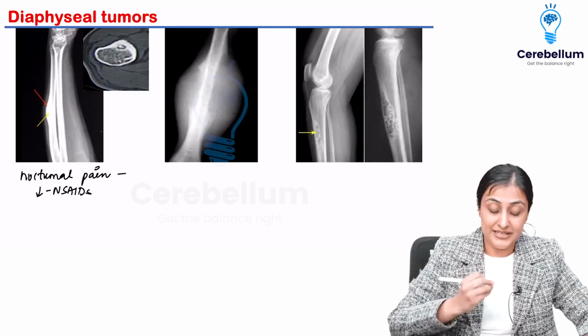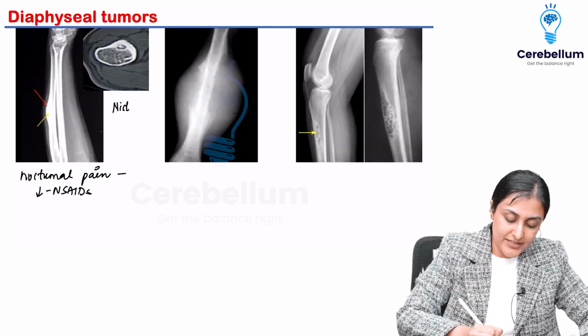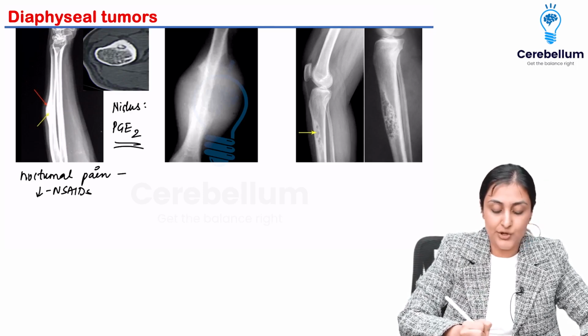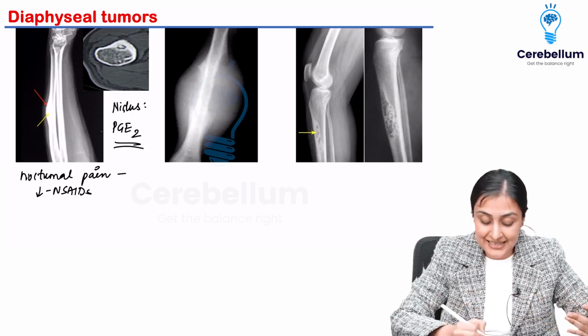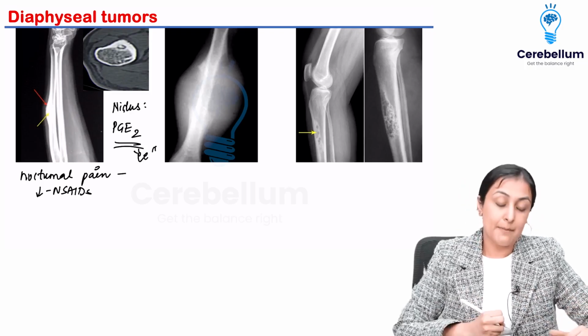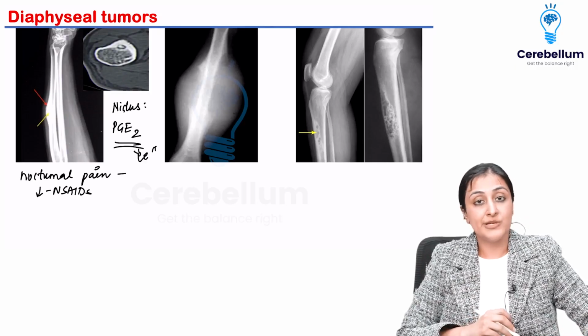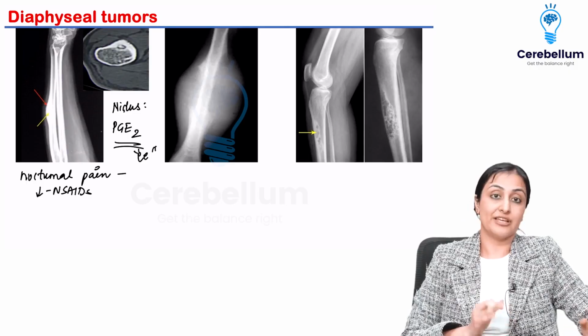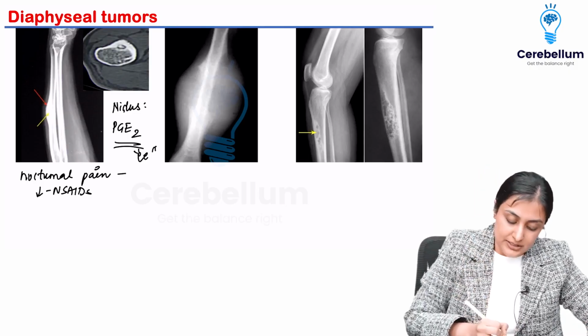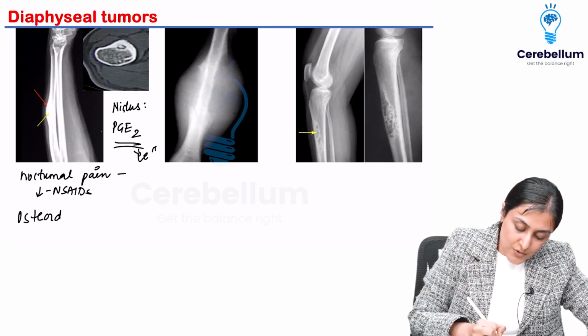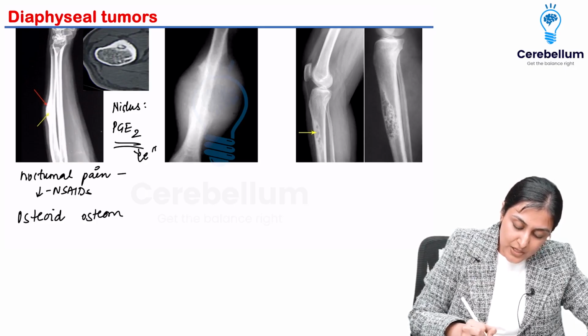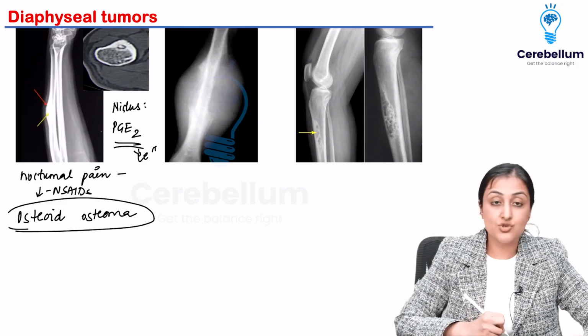That is because in these tumors, you have a nidus that leads to formation of prostaglandin E2. You can remember pain, you'll do E. So E is PGE2. Because NSAIDs will block the production of PGE2, you have pain relief on giving NSAIDs. So the diagnosis becomes osteoid osteoma. So this is what you need to remember.